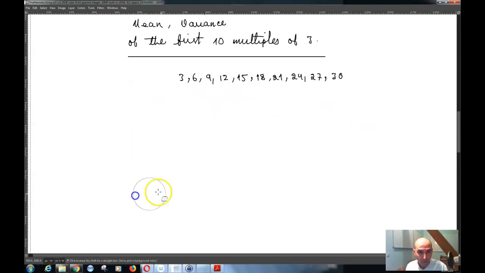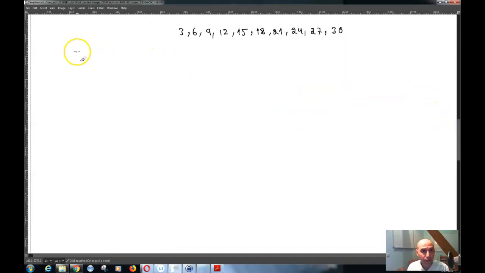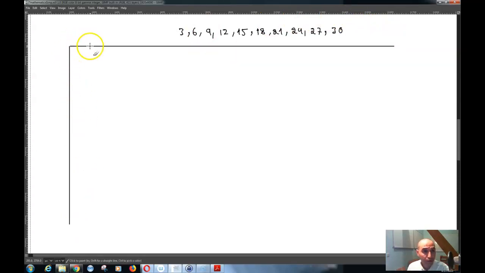So now if you want to find the mean of these numbers, it's simple, meaning that you can write your numbers in a table like this. Call them, for example, your x of i's.